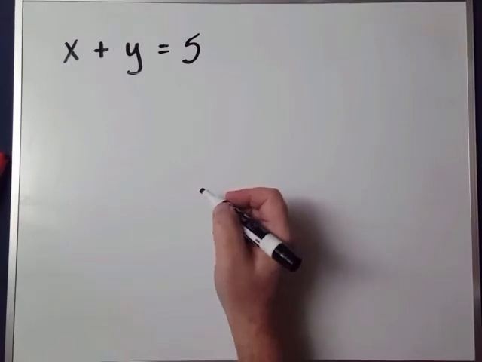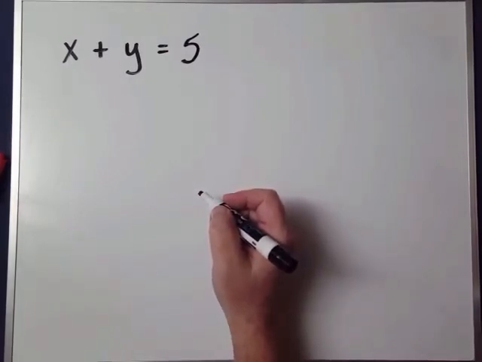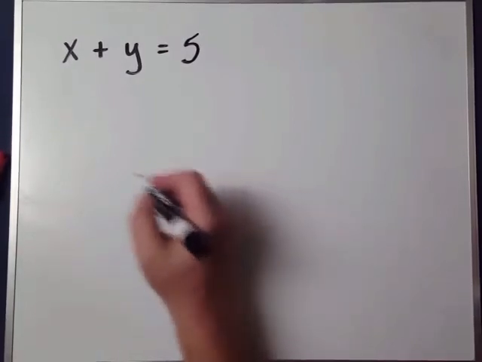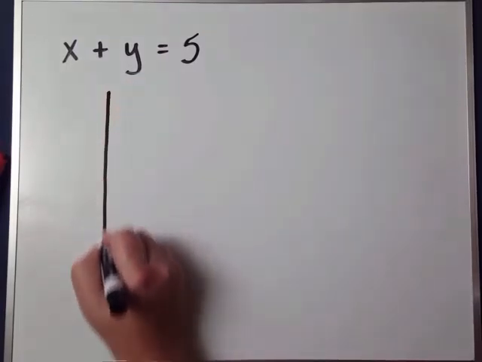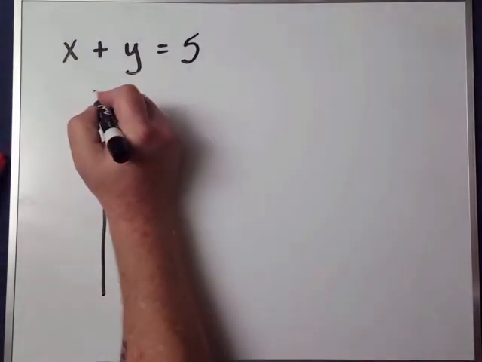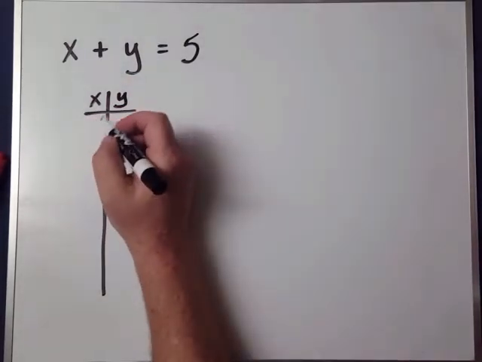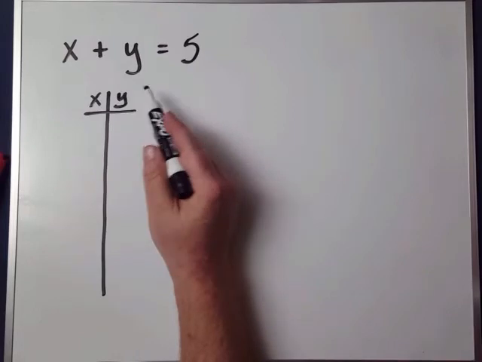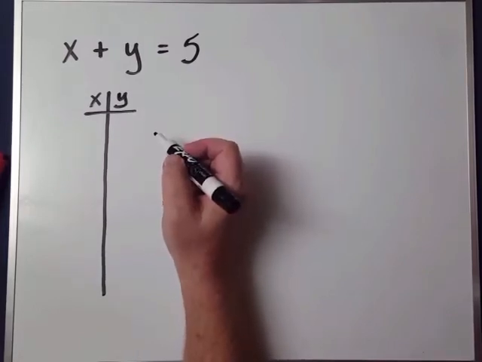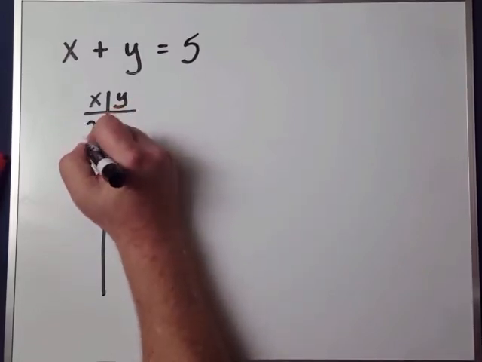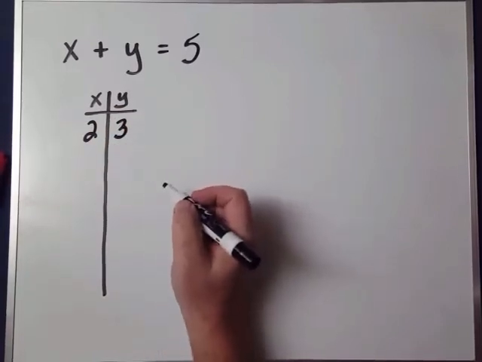Here I have a linear equation in two variables, x plus y equals 5. And let's find ourselves several points and then graph them. I'm talking about any two numbers, x and y, that add up to 5. So, how about the point 2, 3?